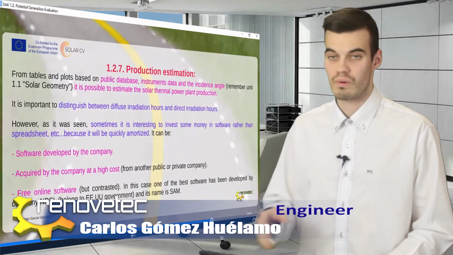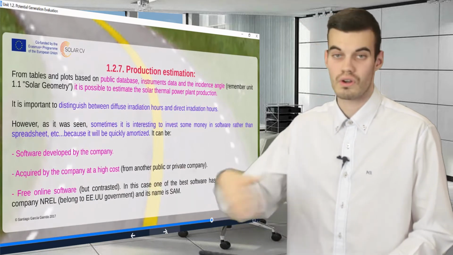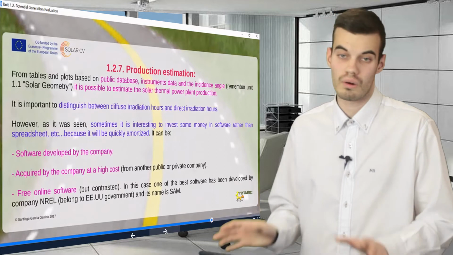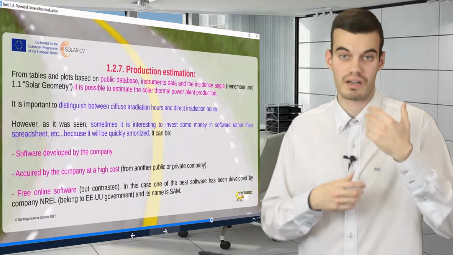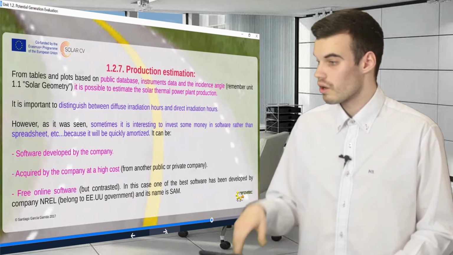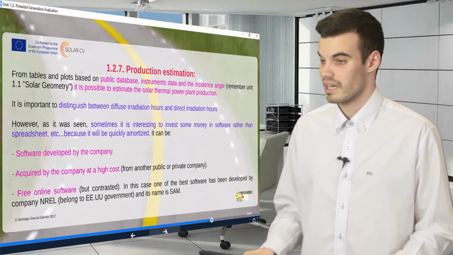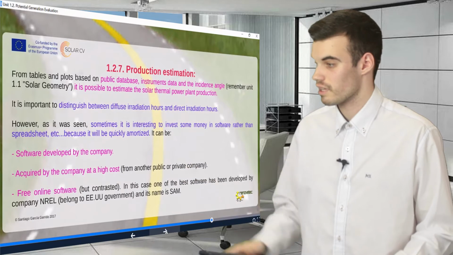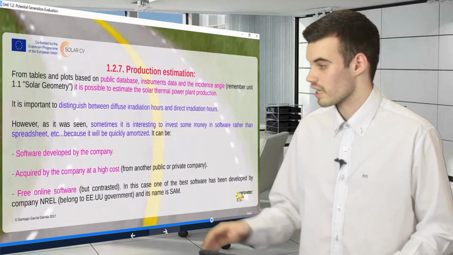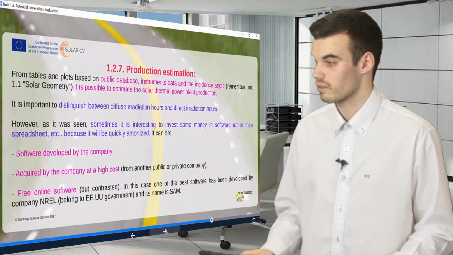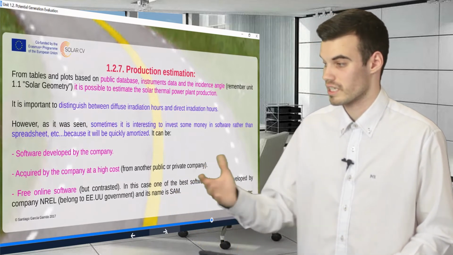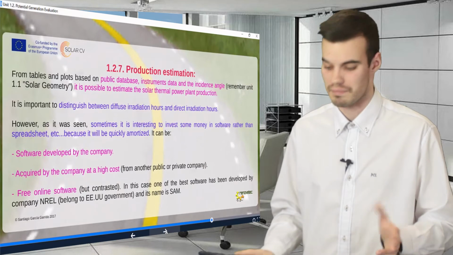We can acquire some software from another company, or we can develop our own software, or even we can acquire free online software but contrast it. In this case, one of the best software has been developed by the company NREL, belonging to the United States government, and its name is SAM.